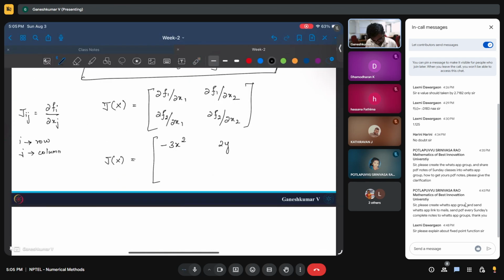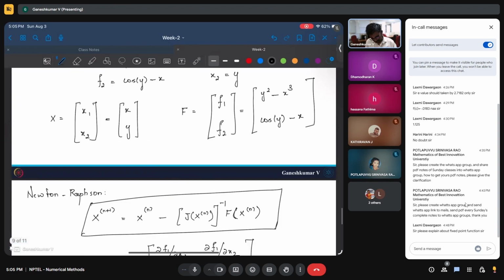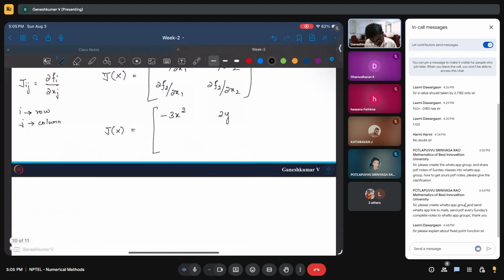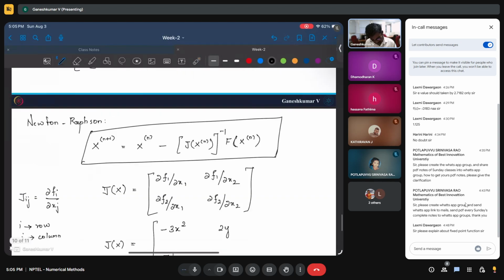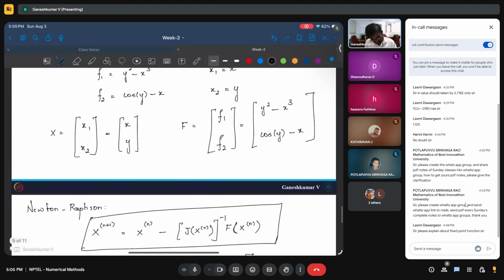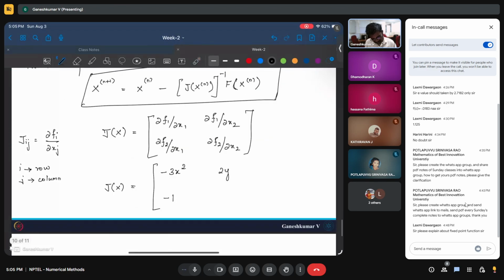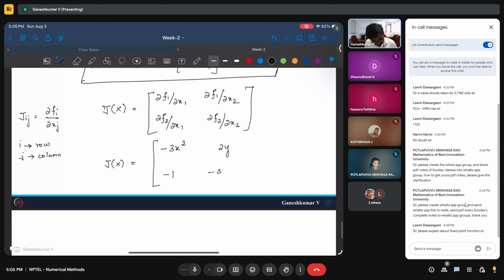Now dou f2 by dou x1: this function has only one x, which is minus x, so if you differentiate it, it becomes minus 1. And similarly you have cos of y here, and if you differentiate it, it becomes minus sine y.